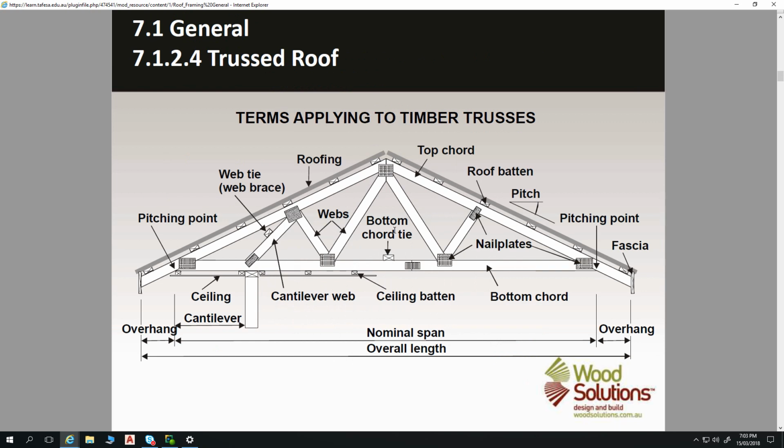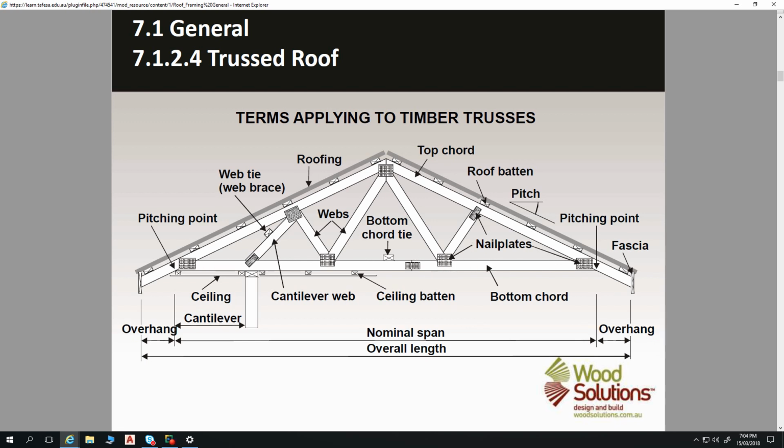In terms of applying to timber trusses, this is your first introduction to the timber trusses. We have our top chords of our trusses. So the rafter portion of our roof trusses are called top chords. The ceiling joist component of your truss is called the bottom chord.